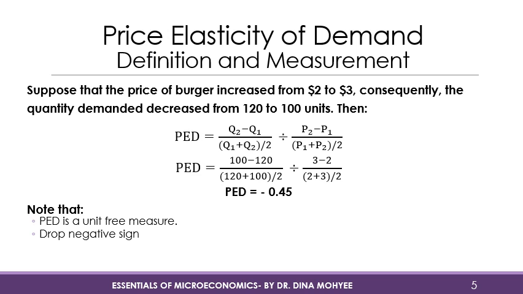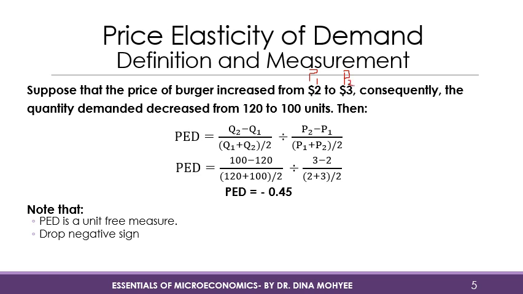If the price of a burger increases from $2 to $3, the quantity demanded falls from 120 to 100 units. Then, to calculate the price elasticity of demand, we first calculate the percentage change in the quantity demanded and the percentage change in price and then divide them. Here, we can see that $2 represents P1 and $3 is P2.